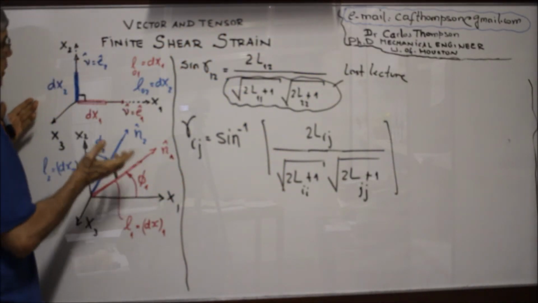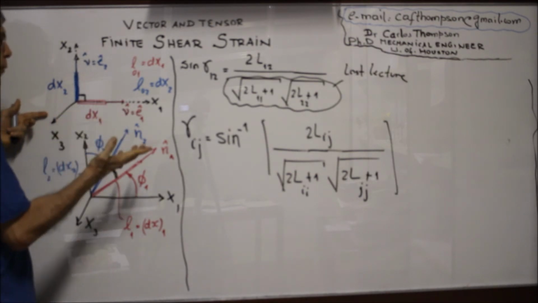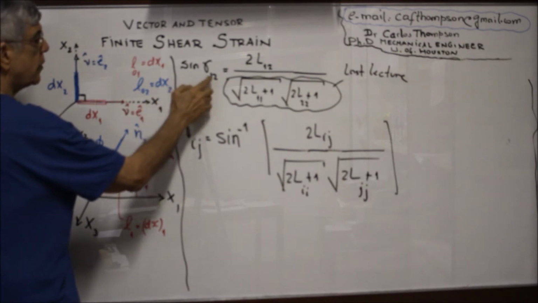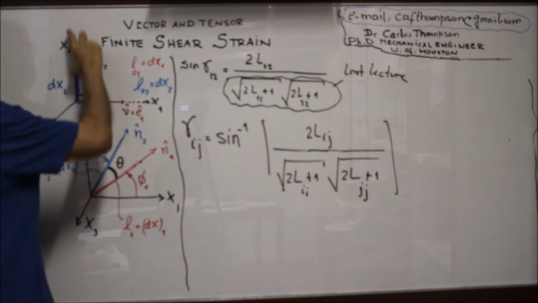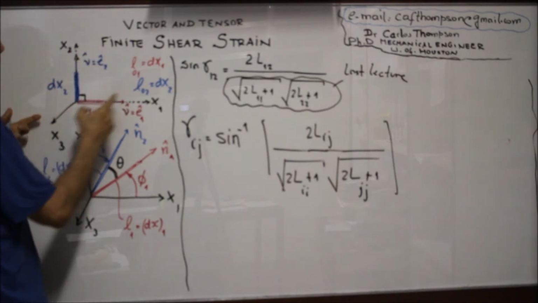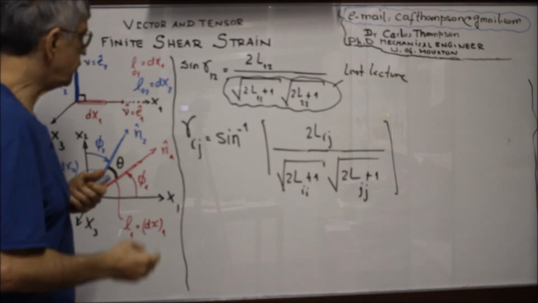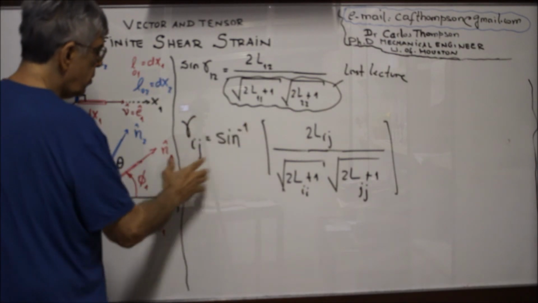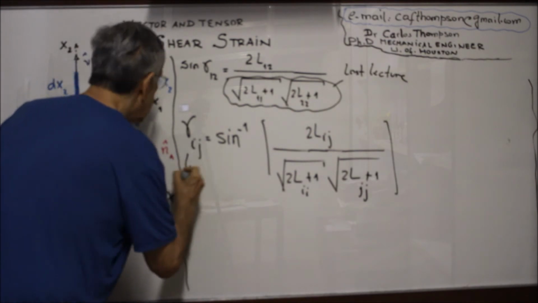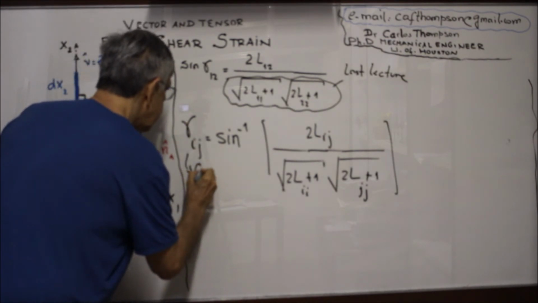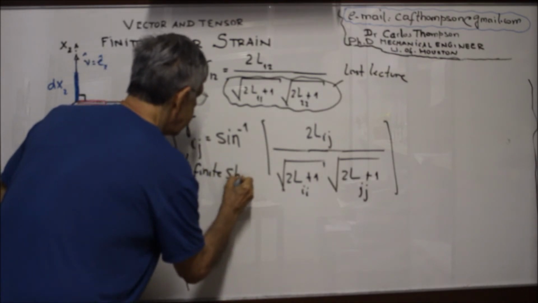Now if we consider the elements dx1 and dx3, obviously we are going to get sine of gamma 13. And for the elements x2 and x3, we are going to have gamma 23. This is in general gamma ij. This is finite shear strain.